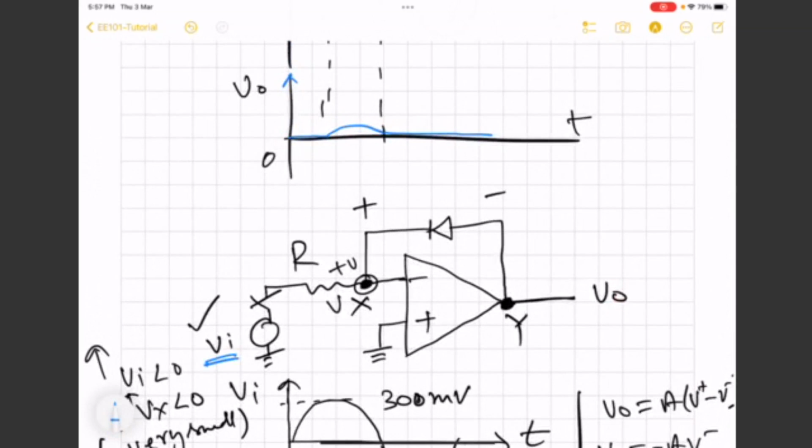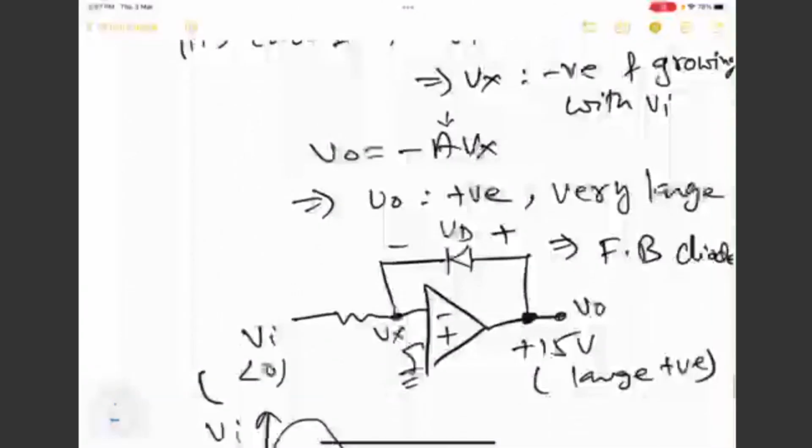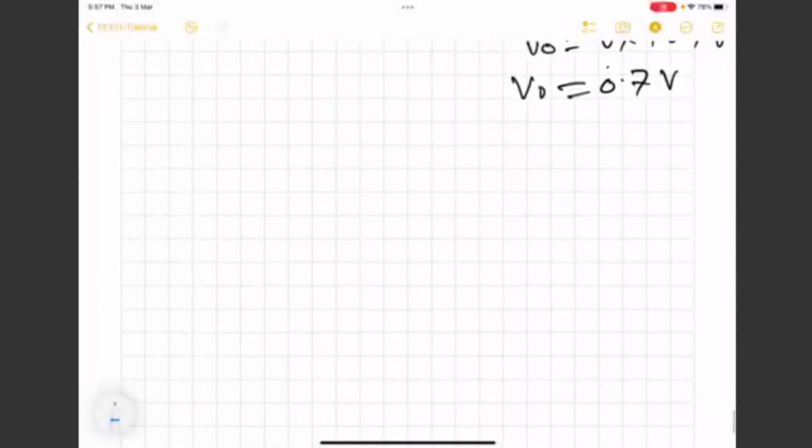So as I pointed out, this is going to form the core of one of the experiments. So now onwards, whenever you have any precision rectifier circuit, you can take a shortcut. You just see whether diode is going to get forward bias or not.